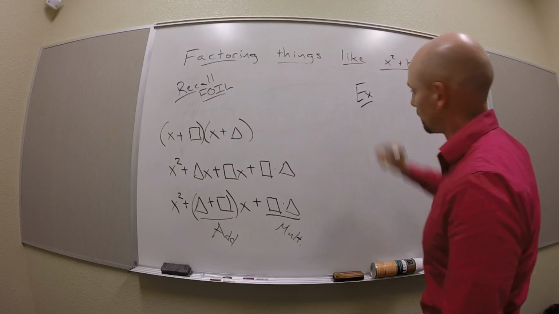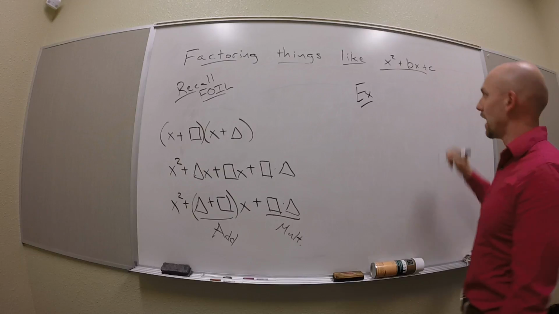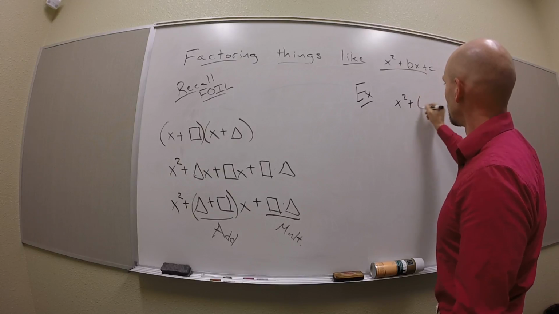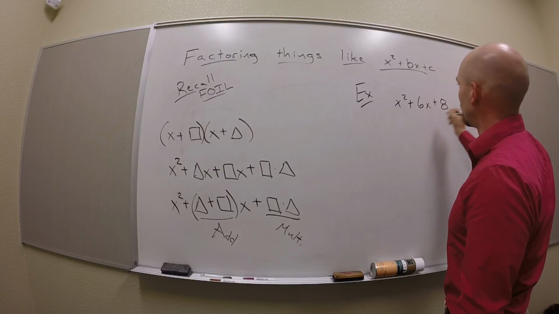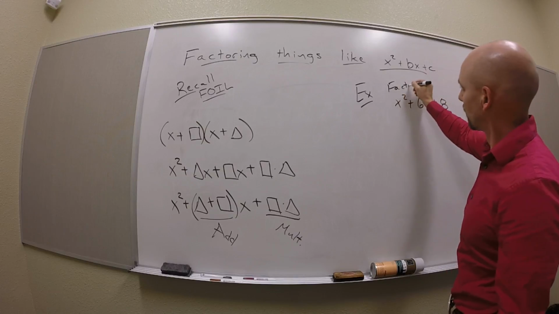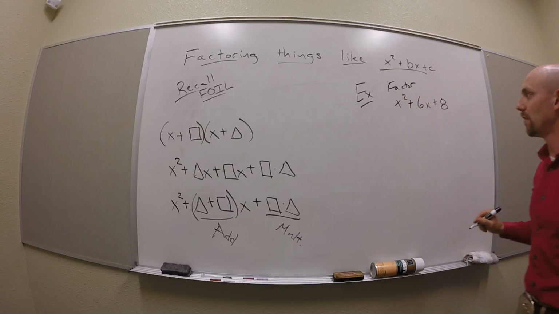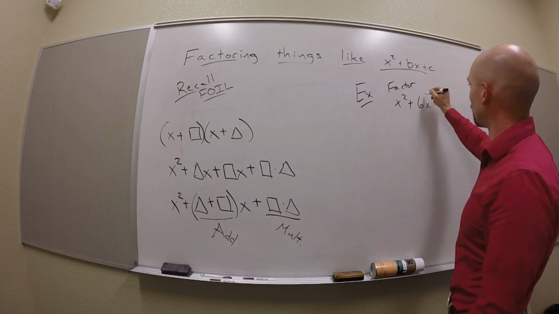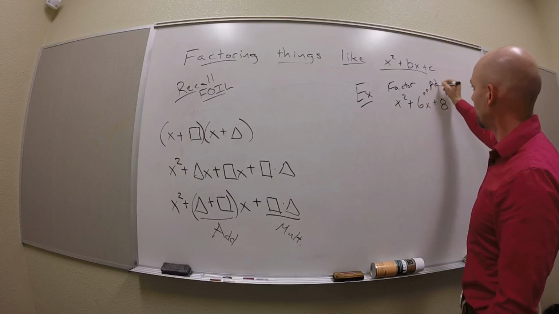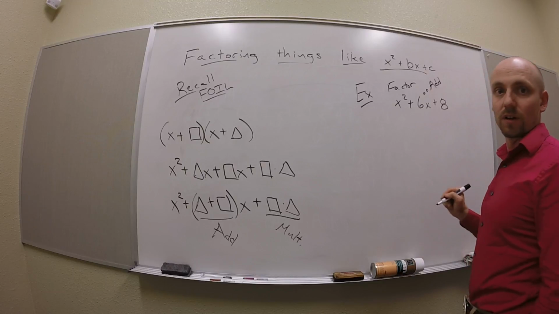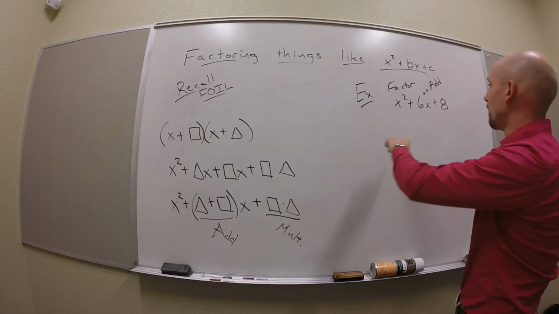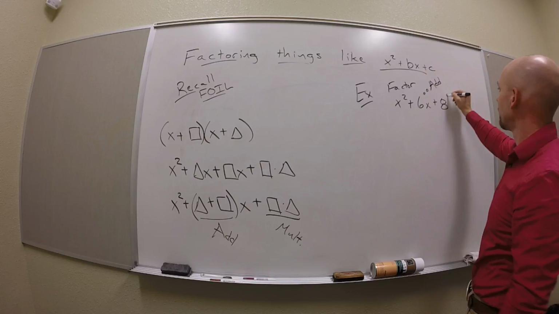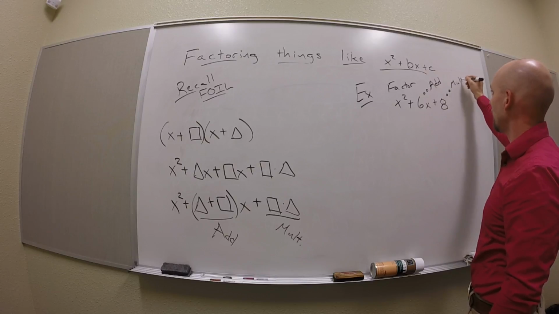Here's an example. Say I had x squared plus 6x plus 8, and I wanted to factor this. I look at my form and I think to myself, okay, my square and triangle, my two numbers that I'm going to look for, they're going to add to 6, and they're going to need to multiply to 8.